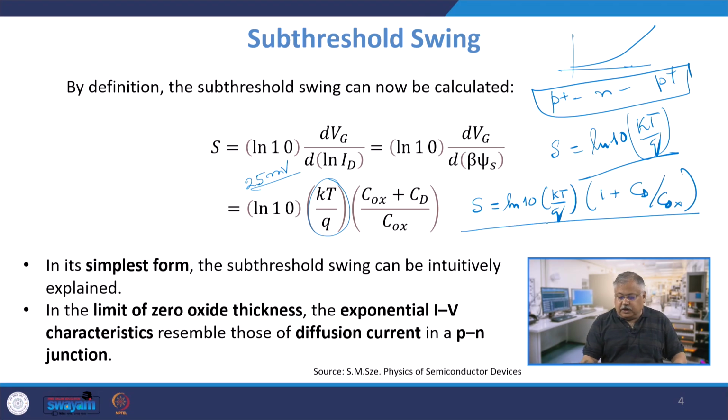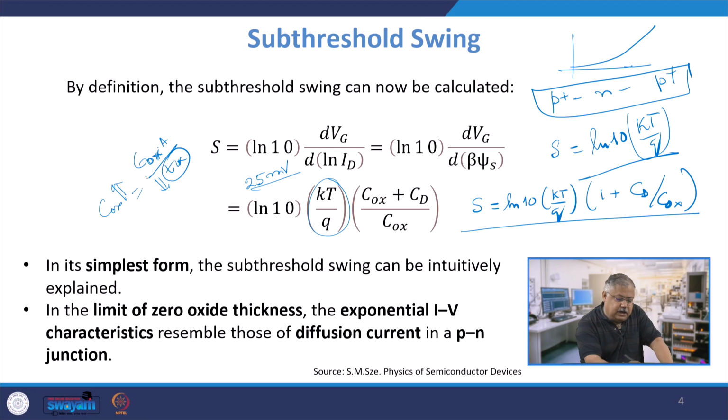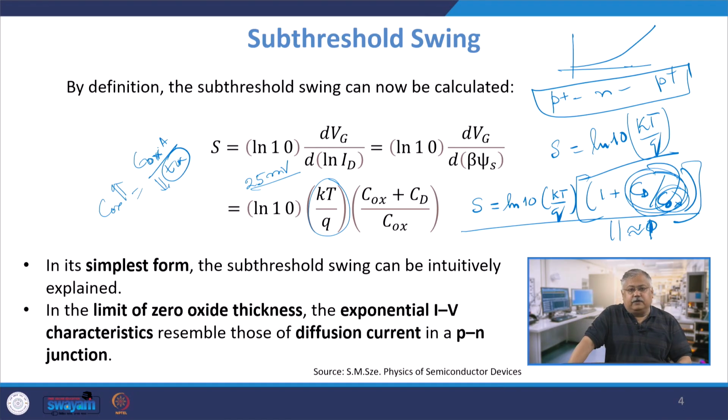As I told you, if Tox equals 0, then the oxide capacitance, epsilon ox times area by Tox, goes very large, capacitance suddenly increases. As the capacitance value suddenly increases, Cd by Cox goes to a 0 value, and this whole quantity in the parenthesis goes to a 1 value, which means that S equals kT by q ln of 10, almost like a diffusion current which we have seen.